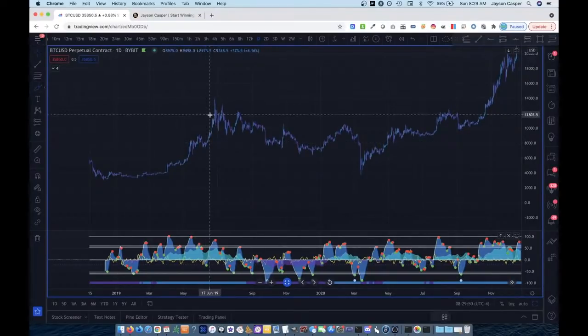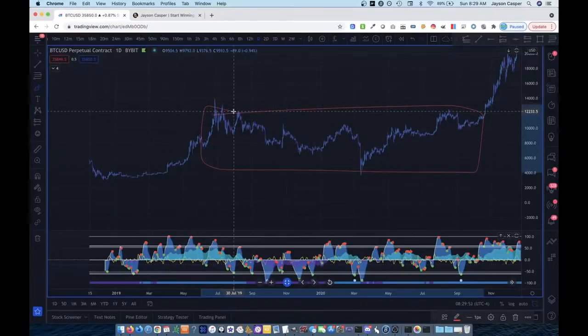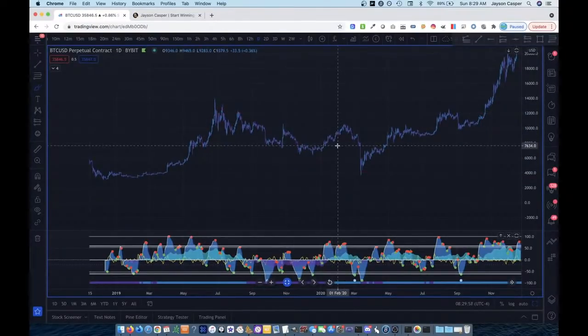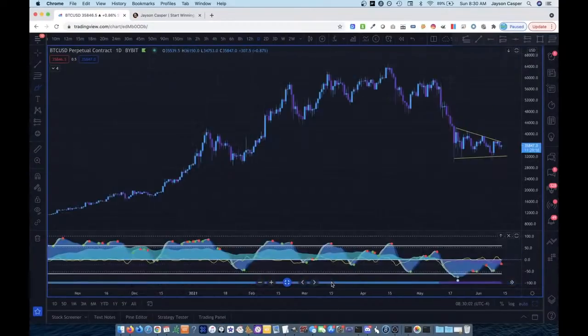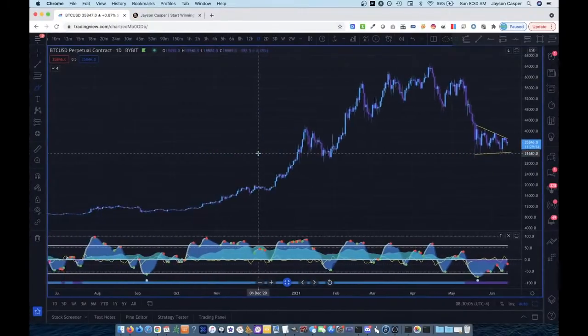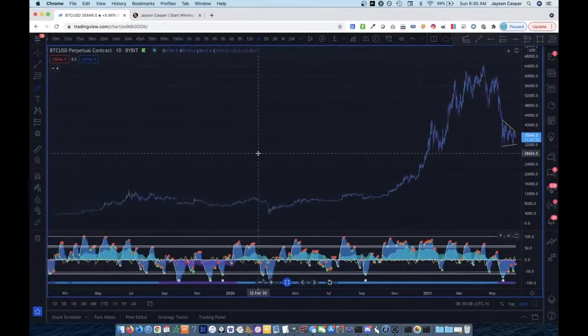Bitcoin was generally trading sideways. It's important. And this is the daily time frame too, guys. So if you can trade in sideways markets, I think you can do very well in any kind of market. That's just my own personal opinion.